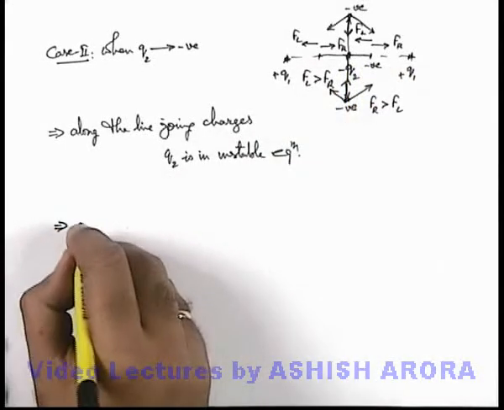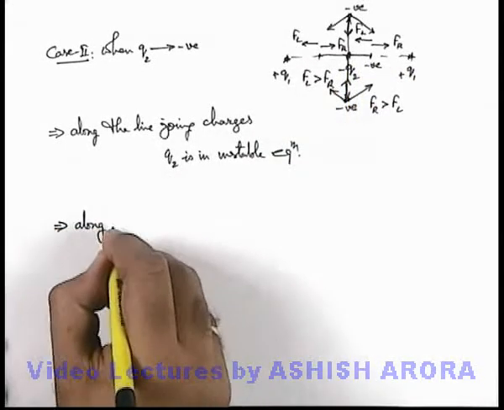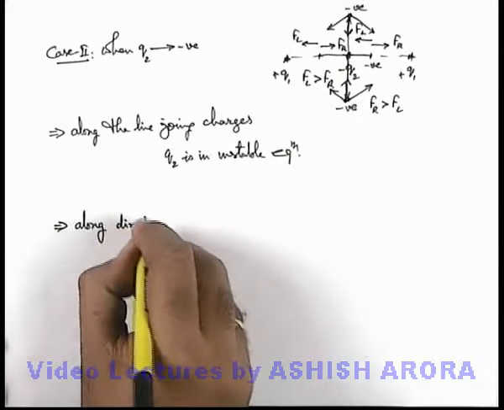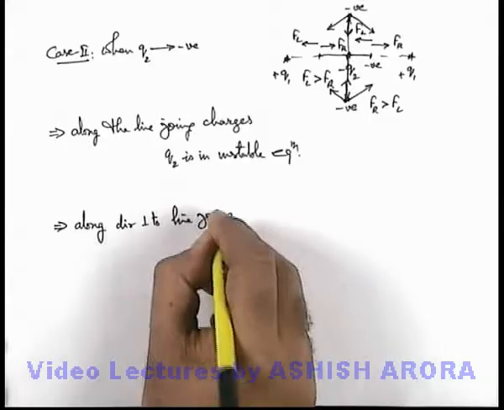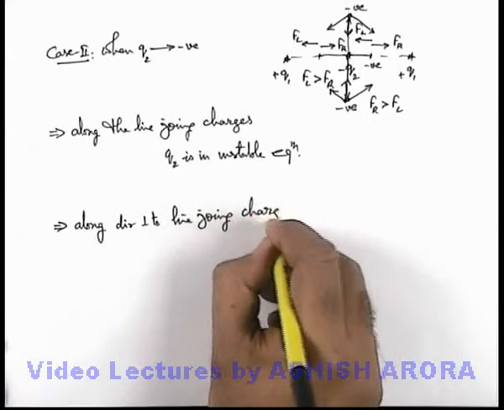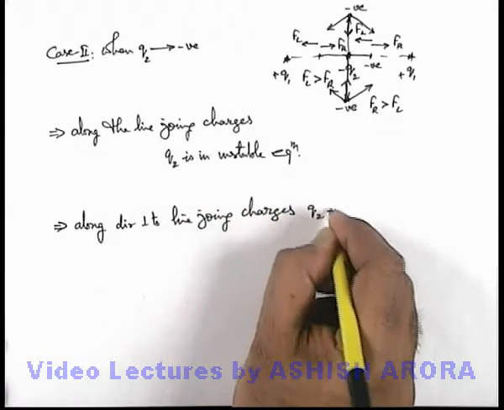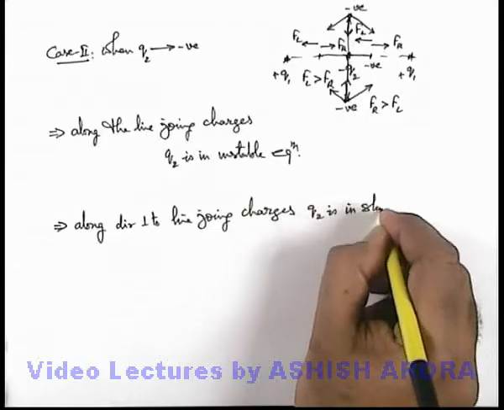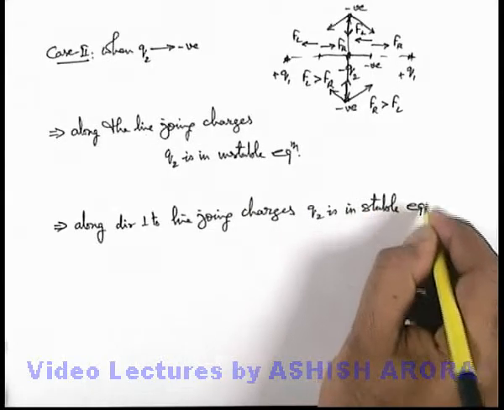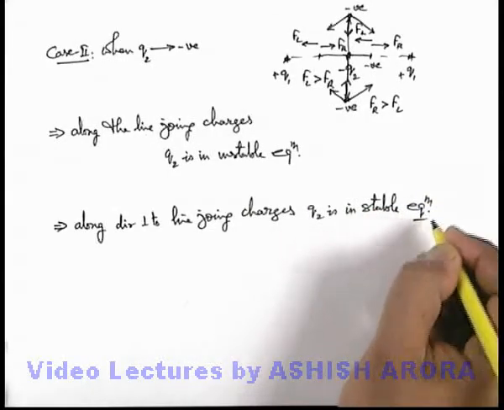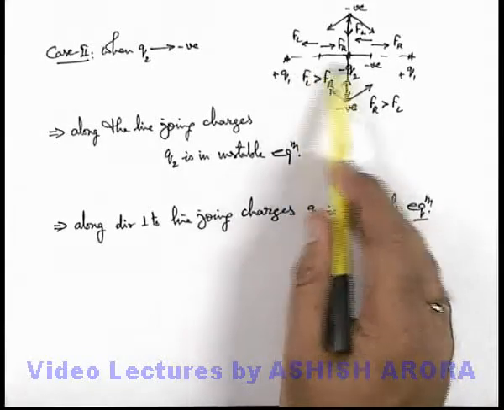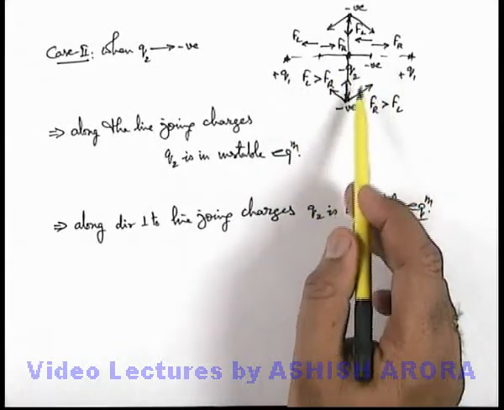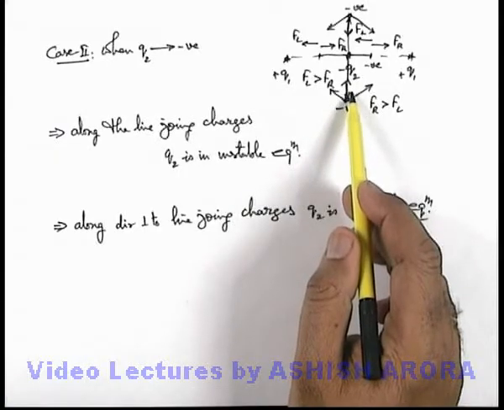So here we can write: along the direction perpendicular to the line joining the charges, Q2 is in stable equilibrium. This situation is exactly opposite to the previous case, when Q2 was positive, in which along the line joining it was in stable equilibrium and perpendicular to it, it was in unstable equilibrium.